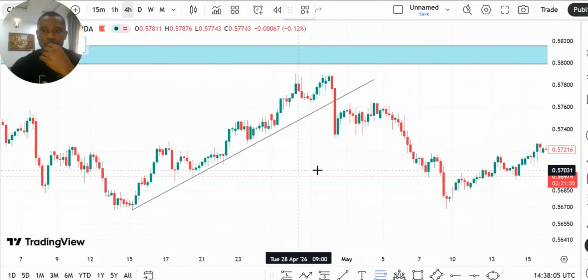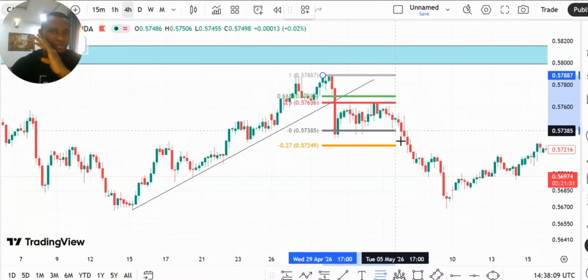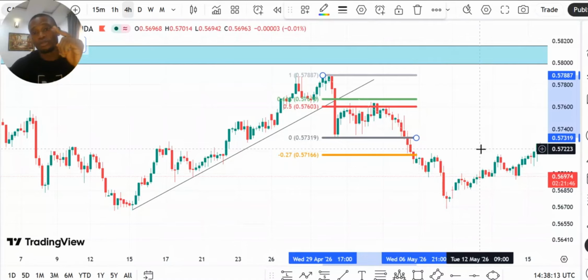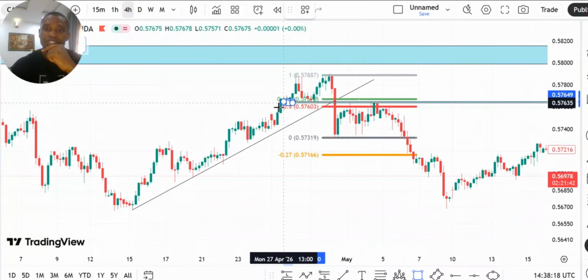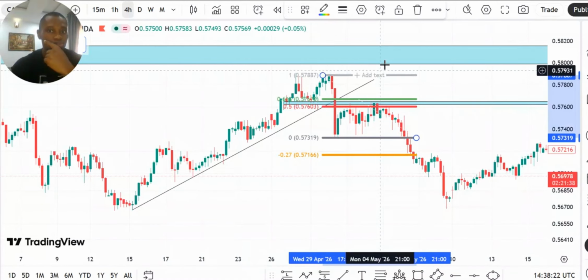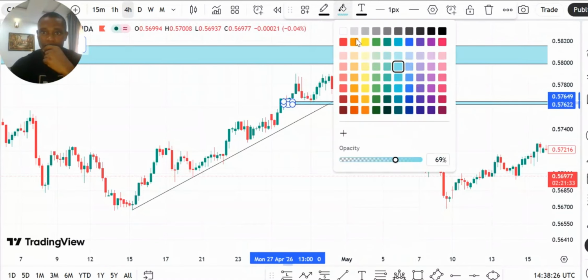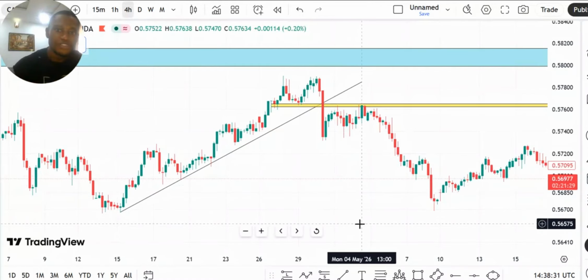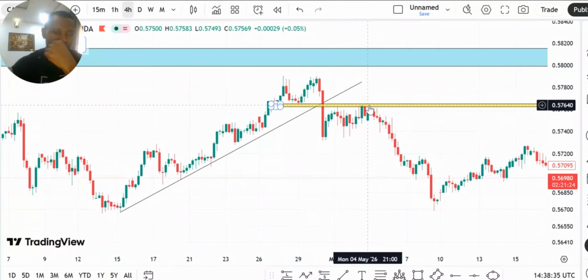Then if the market starts pulling back, you just have to take your Fibonacci tool and draw from swing high to swing low, for you to be able to get your 50 fib level that the market will pull back to. That is very simple.